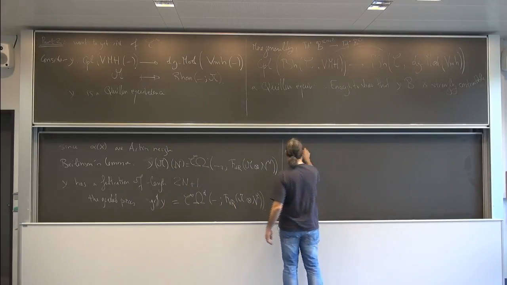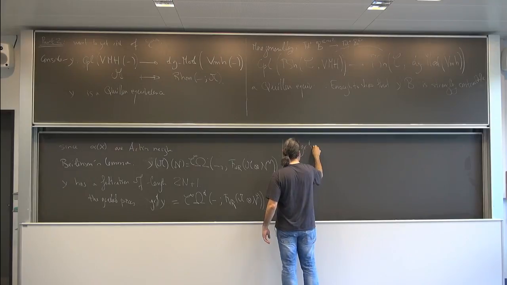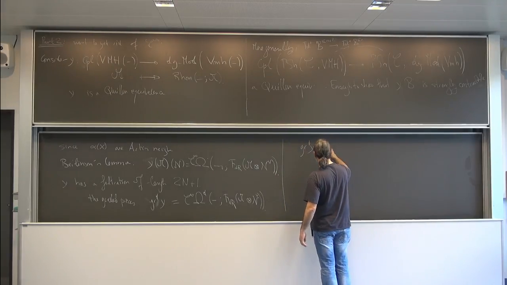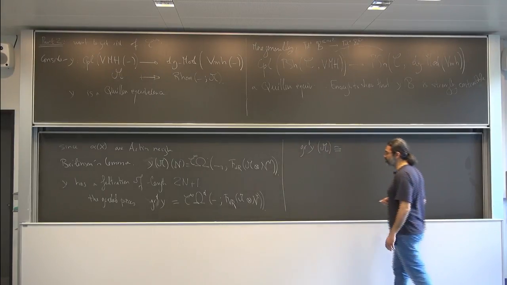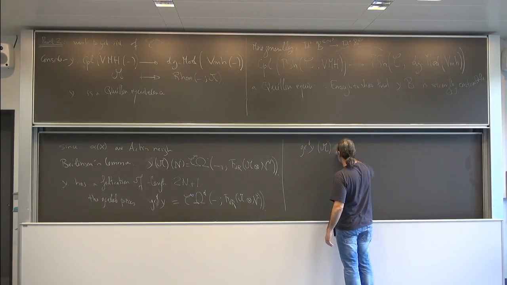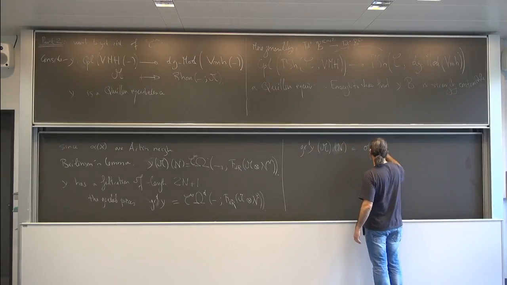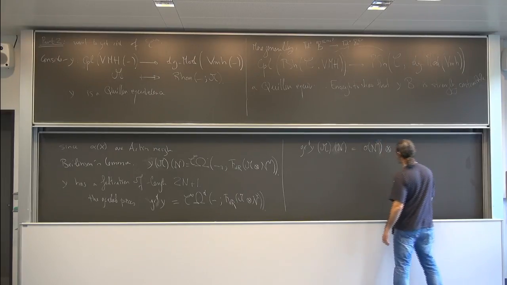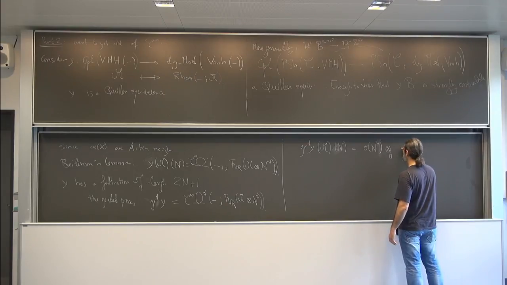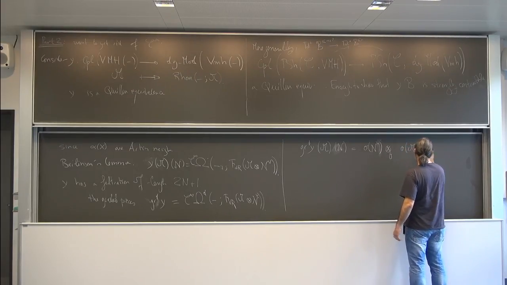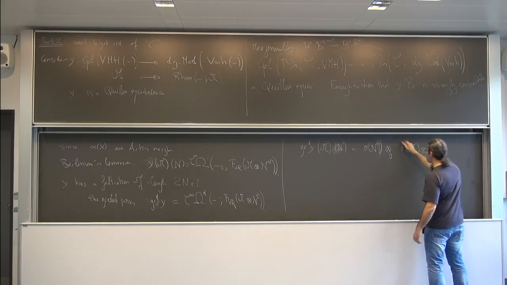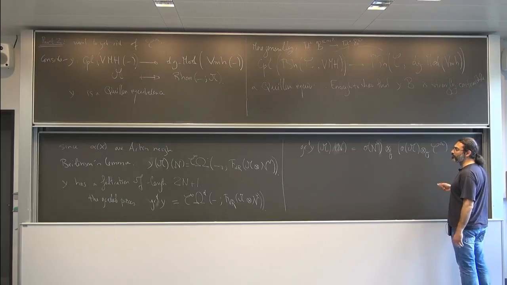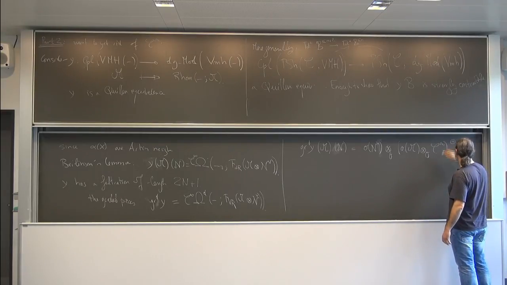So the graded piece of Y at M, if you apply it to N, is given by O of N that you tensor, or maybe a dual, that you tensor over O with O of M that you tensor over O with C infinity, and then maybe some direct sum.